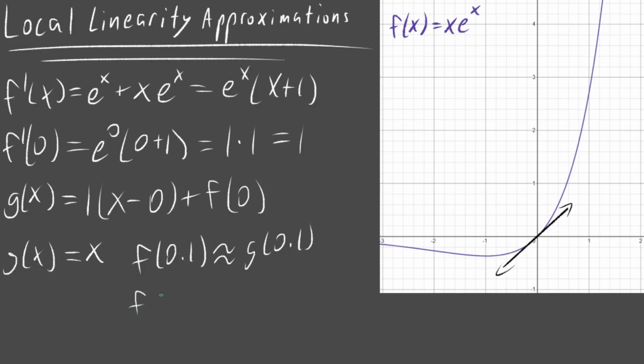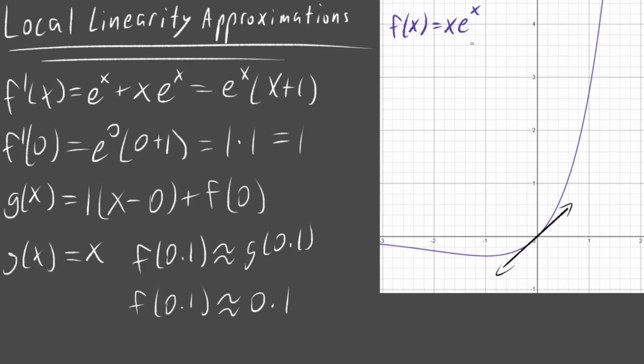So just looking at this graph, I can say that f of 0.1 is going to be approximately equal to 0.1, which is pretty cool. We just kind of approximated a value for this graph that looks kind of scary because it has e to the power of x, and I don't know about you guys, but I don't know e to the 0.1 off the top of my head.